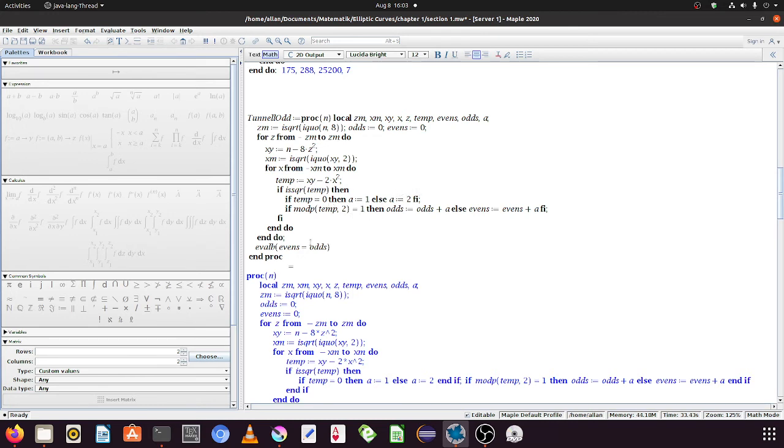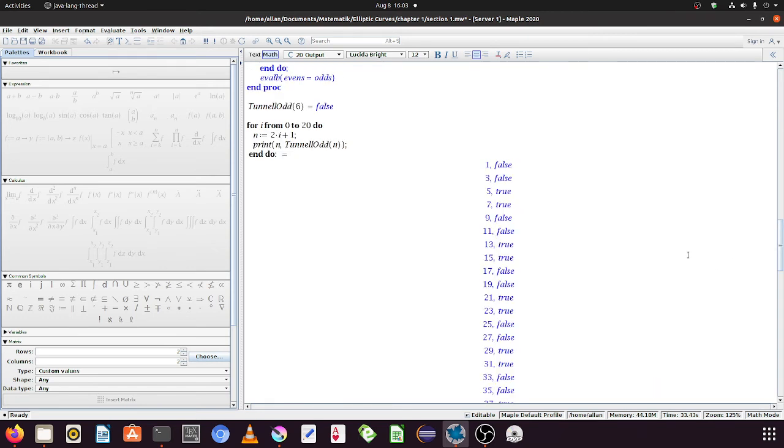So that's a way of doing it. And then the result is whether the number of even solutions equals the number of odd solutions. I was fortunate that that took very little debugging. So we can just get the numbers.